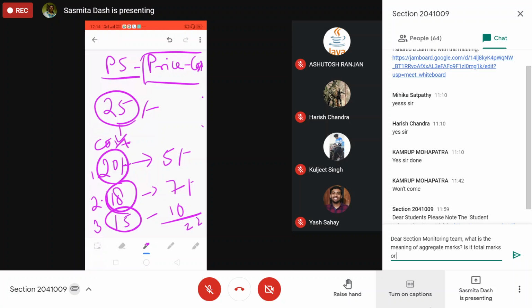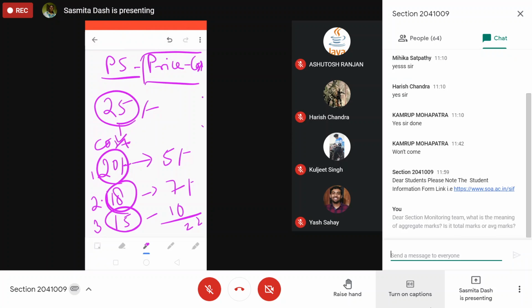For a triangle, it is half into base into height, and for a rectangle, length into breadth. Okay, so we will use these two in our subsequent analysis to find the consumer surplus, producer surplus, and the change in consumer surplus and producer surplus.